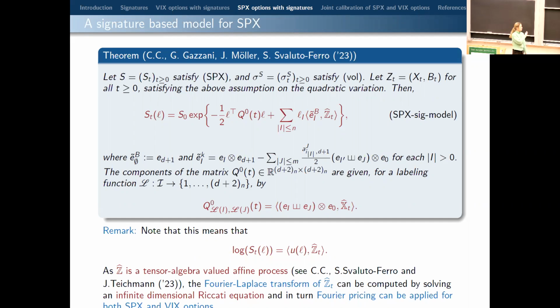This is because everything linearizes in the tensor algebra, and therefore you can also compute the Fourier Laplace transform of the signature of this Z hat analytically, via solving an infinite, or tensor algebra valued, Riccati equation, and then you can apply it.